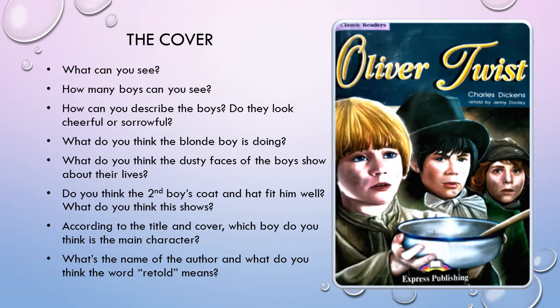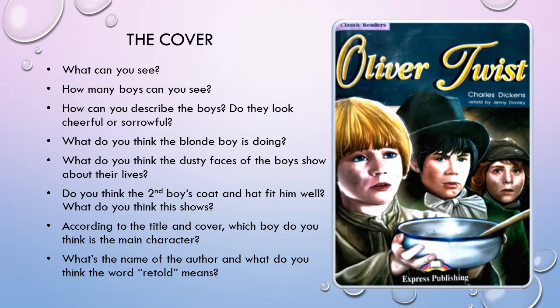And the cover has multiple questions, and I'd like you to try and answer them on your own, and check the answers with me after we finish the questions. The first question says, what can you see? And how many boys can you see? And how can you describe the boys? Do they look cheerful or sorrowful, happy or sad?